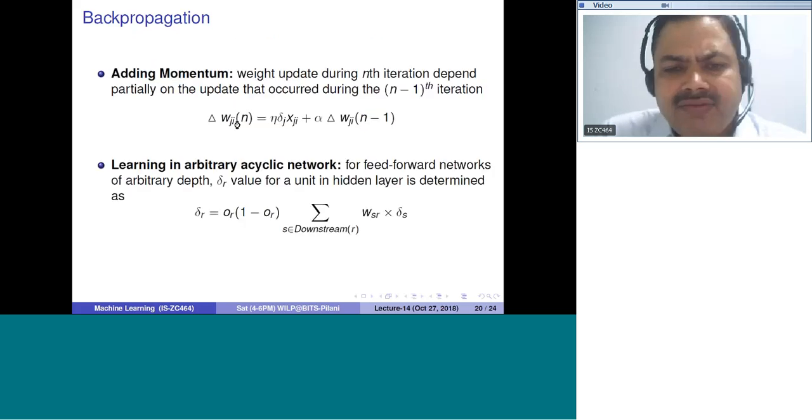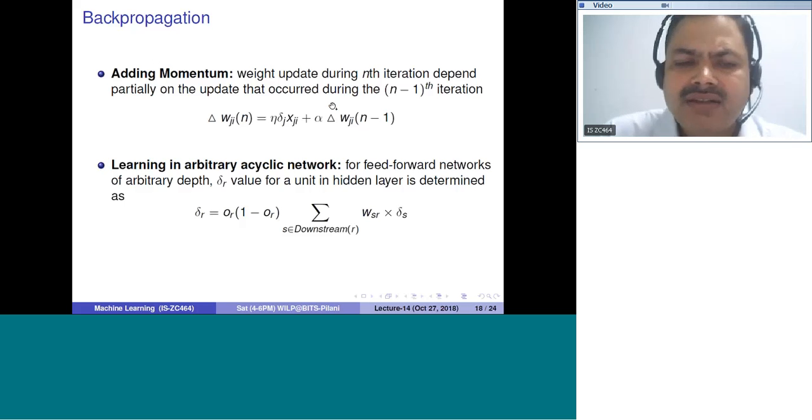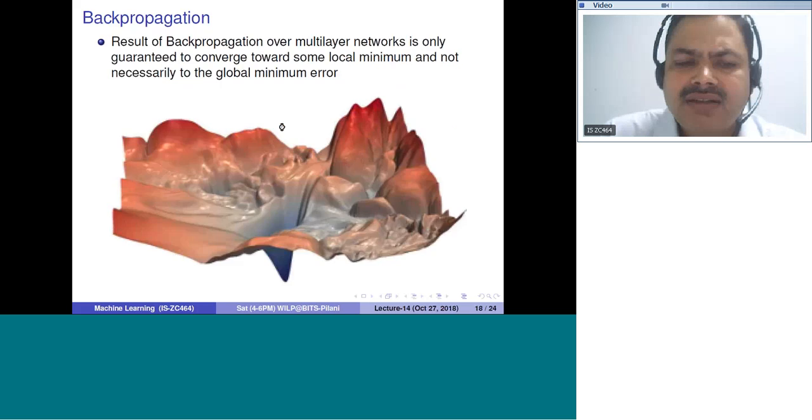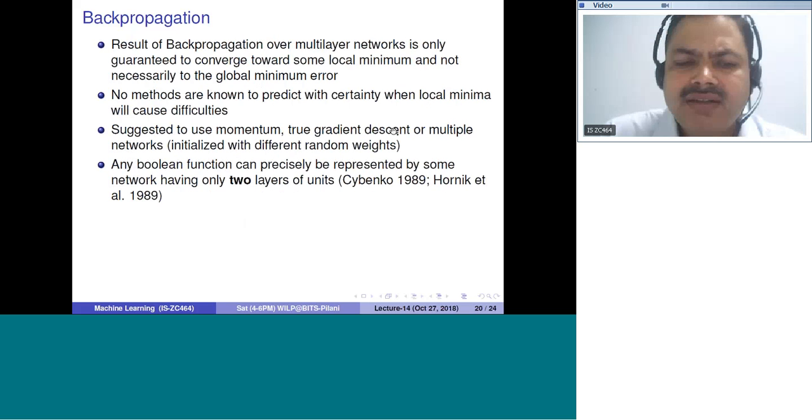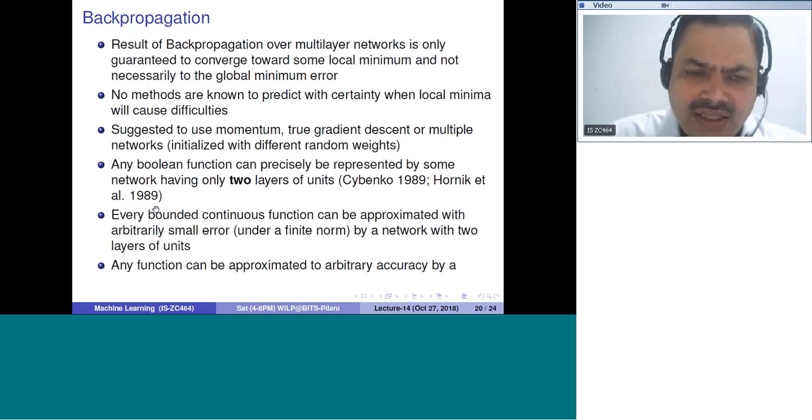So that's why we sometimes use momentum, because if you are moving in some particular direction and you take a jump, then it may be possible that you can come out. So that's why we are using momentum. It is suggested to use momentum, true gradient descent, or multiple networks, meaning you start with multiple initializations.